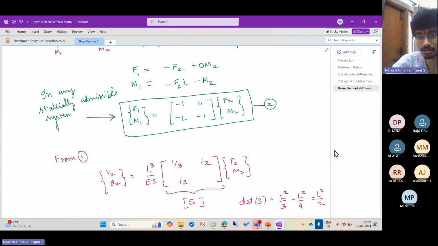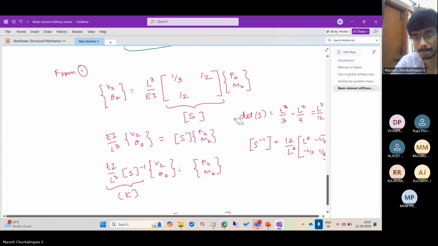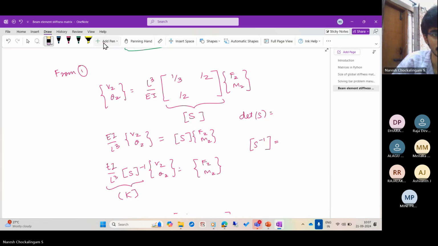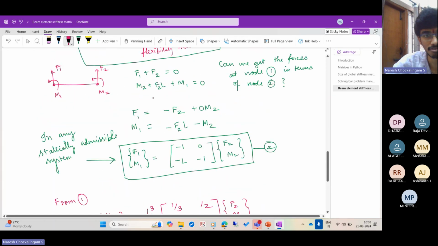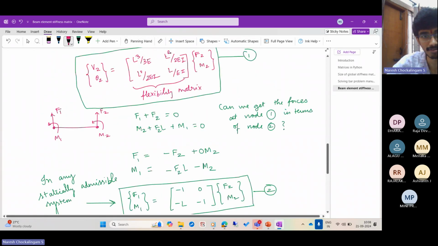So the determinant is wrong. Sorry about this. The inverse is wrong. I'm taking L cube commonly out, so L cube is in the numerator. So this lacks a degree.